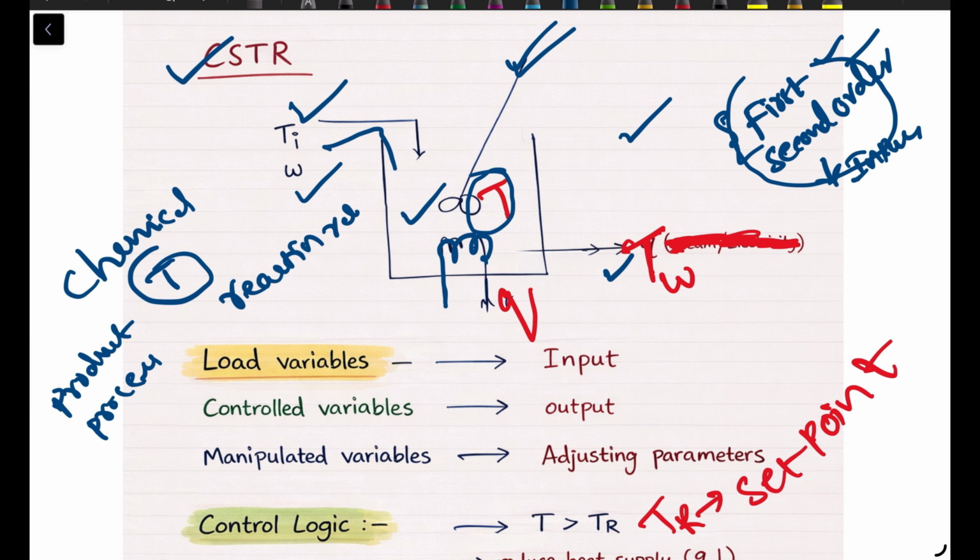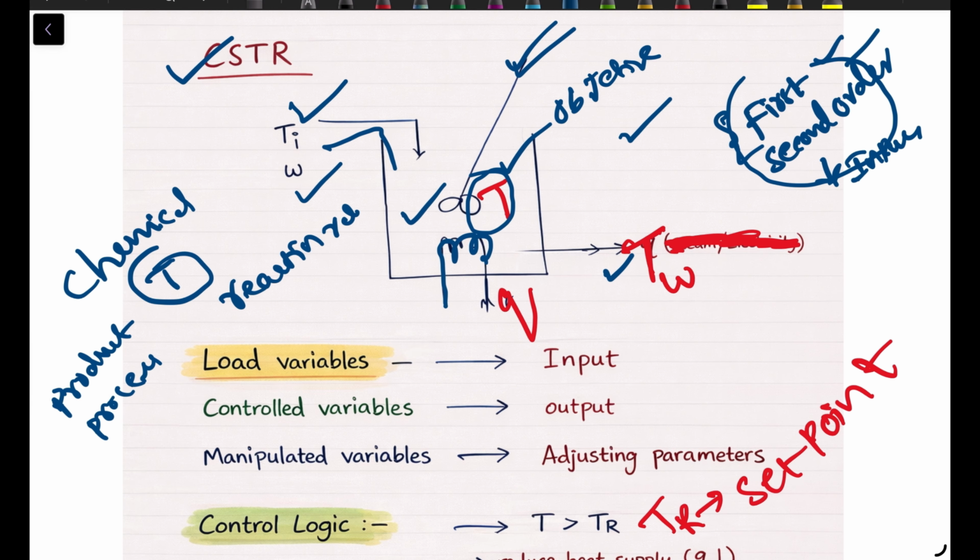And the main variable we are interested in controlling is the reactor temperature T. This is our objective.